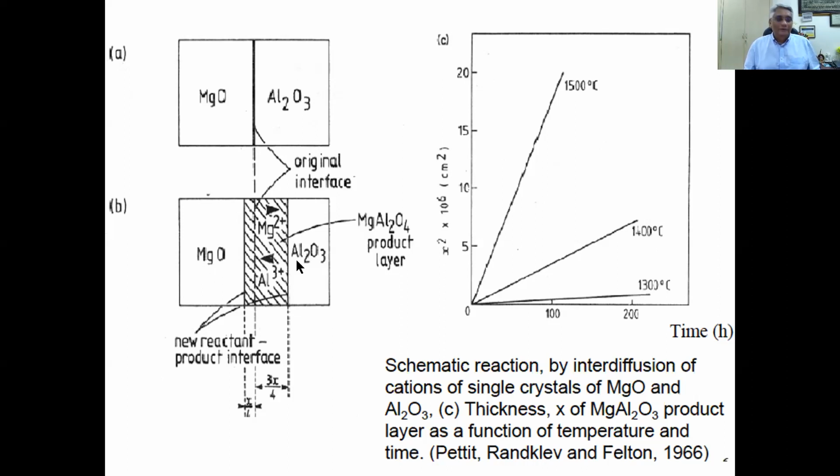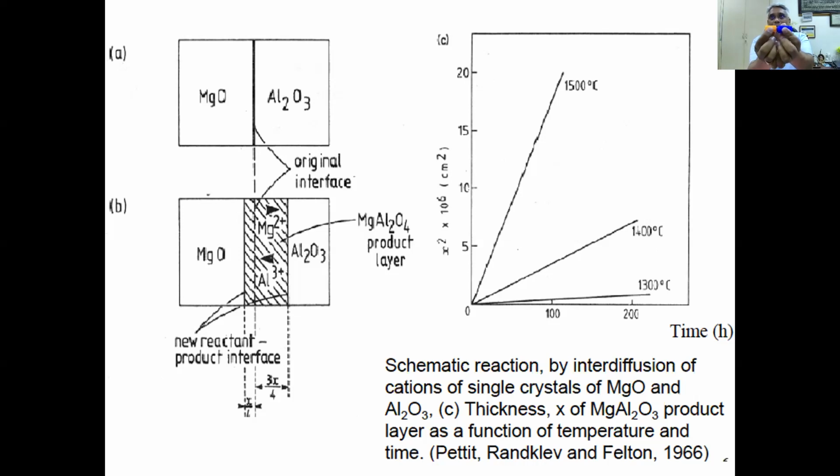But then, see, if you imagine how long it takes, if these are the actual sizes of magnesium oxide and aluminum oxide. Let's say these are the actual sizes. You can see it's about a centimeter in diameter and 2 centimeters in length. If I take aluminum oxide and magnesium oxide of this size, and if I want to see a reaction or product formation at the interface, it will happen.